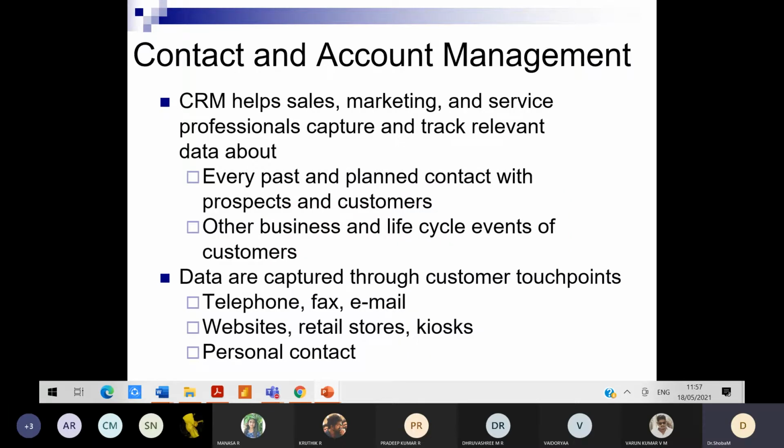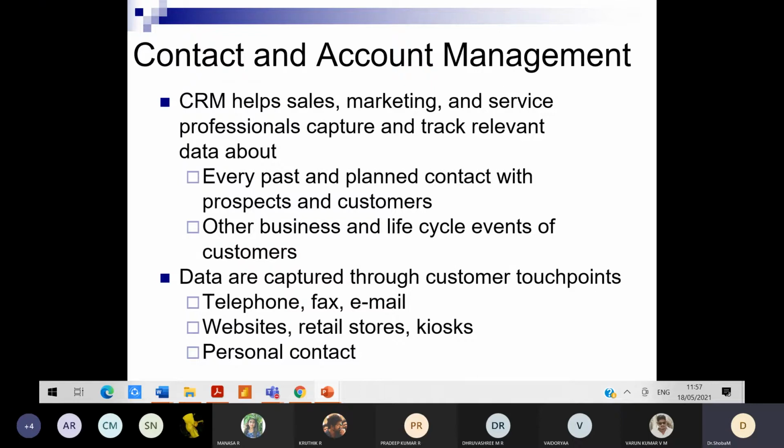Contact and account management is really helpful because CRM helps sales, marketing, and service professionals capture and track relevant data about past and planned contact with prospects and customers, and other business and life cycle events of customers as well.